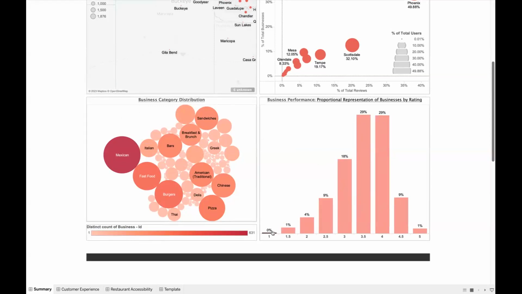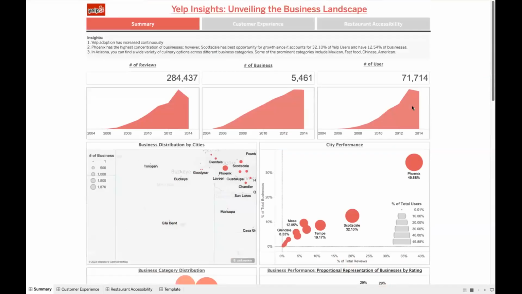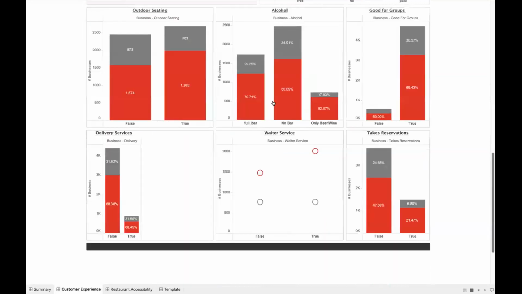Very bad restaurants, or the very best ones with a 5-star rating, are also very unusual. From this, we can understand that Arizona has a decent food rating and good quality of food, because most of them are 3.5 to 4 stars, which is a good review.